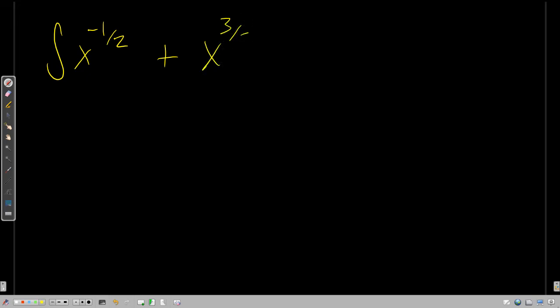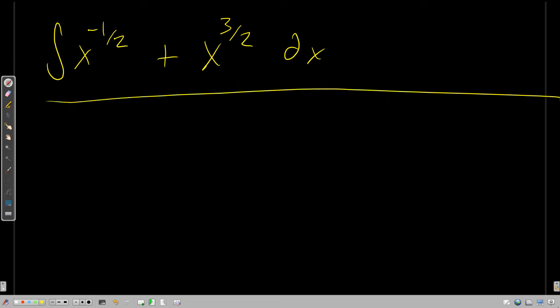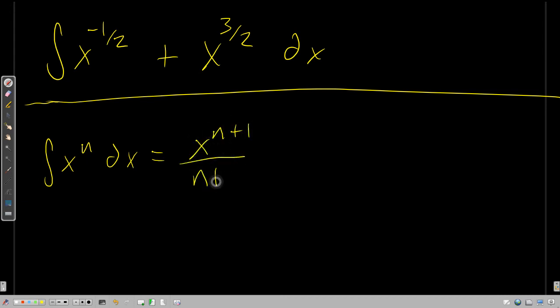The rule, so what is our integration rule that we have? I think it's got kind of like 2 parts. The rule says the integral of x to the n is equal to x to the n plus 1 over n plus 1 whenever n is different from minus 1.